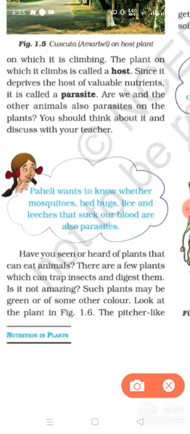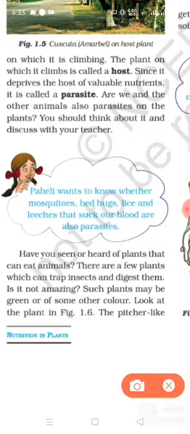Now we know that some plants trap insects and digest them. Such plants may be green or some other color. Now, in your mind a question may be going on: suppose these also follow the heterotrophic mode of nutrition, are they also parasites?